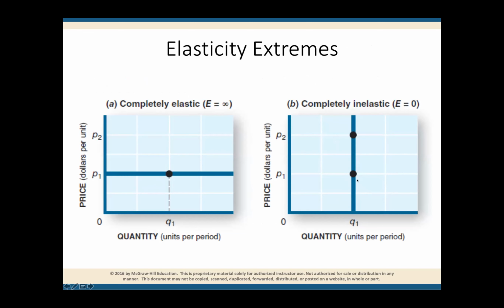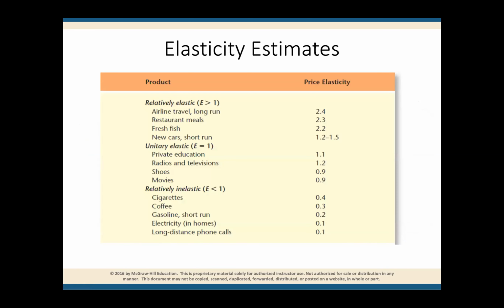On completely inelastic, people do not respond to changes in prices. So this is the dream of a seller, to have a product in which people do not respond to the changes. Here, the producer is in control. In the perfectly elastic case, it is the consumer that is in control, because I will only buy the product if you sell it to me at a price that I like.